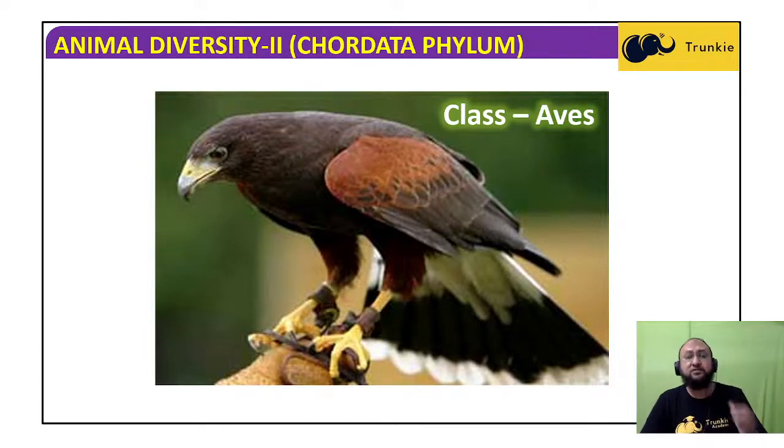At the same time, you also observe that there are some animals which have the features of both reptiles and birds, like Archaeopteryx. By studying these fossils, scientists and evolutionary biologists have come to know that birds also evolved from the reptiles.